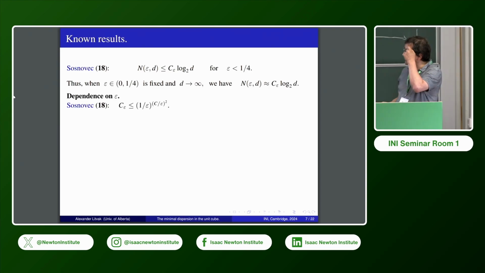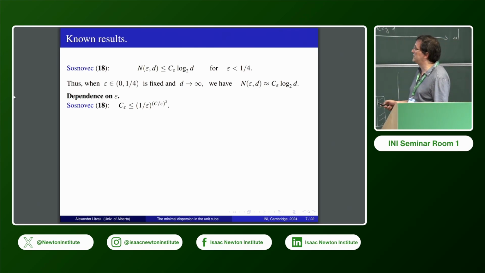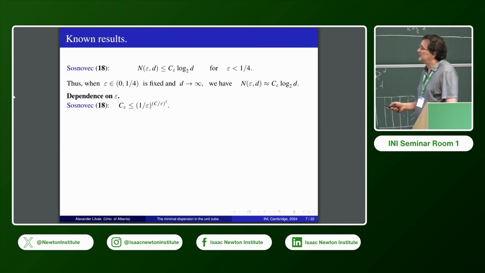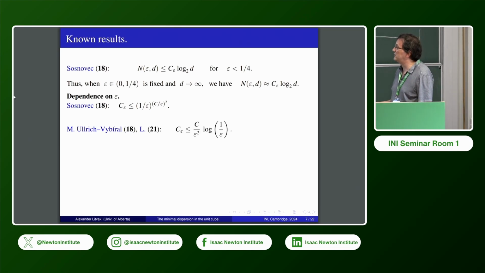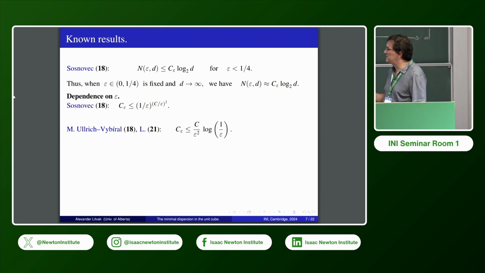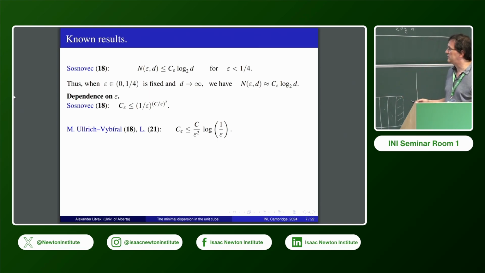And just a few remarks. The dependence on epsilon in the original paper of Sosnovec was, well, actually it was terrible, but it was almost immediately improved by Mario Ulrich and Jan Vybíral, who used more or less the same idea, but much more careful and delicate calculations.